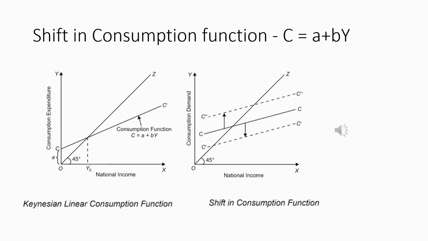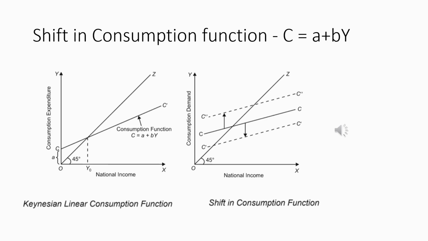Keynesian consumption function C = a + bY has been depicted by the C' curve in the figure, in which along the x-axis national income and along the y-axis the amount of consumption are measured. In this figure, a line OZ making a 45-degree angle with the x-axis has been drawn.